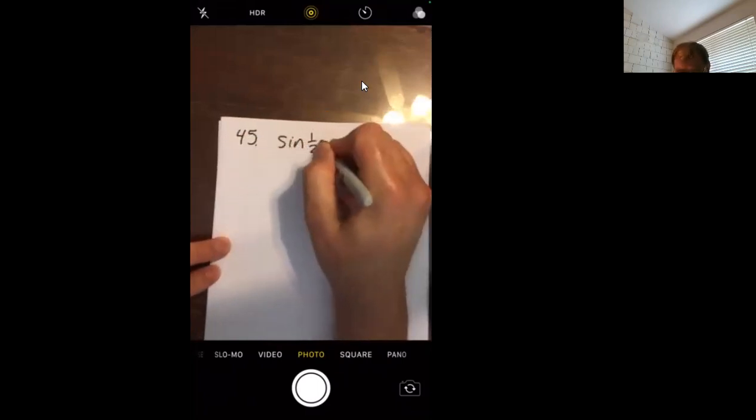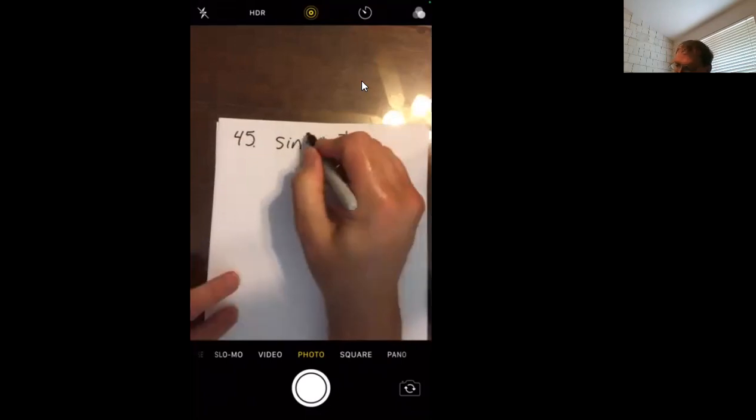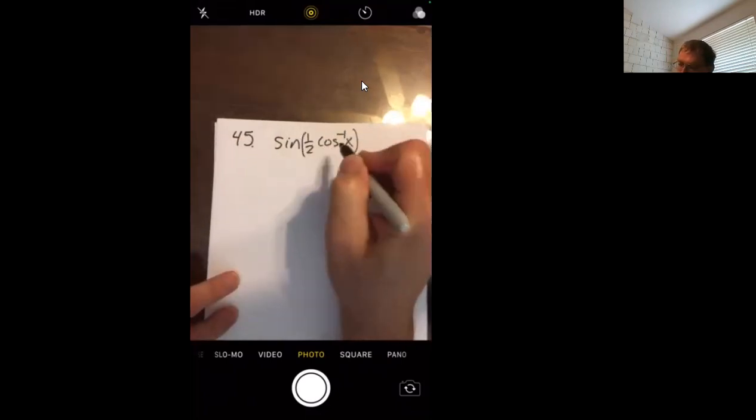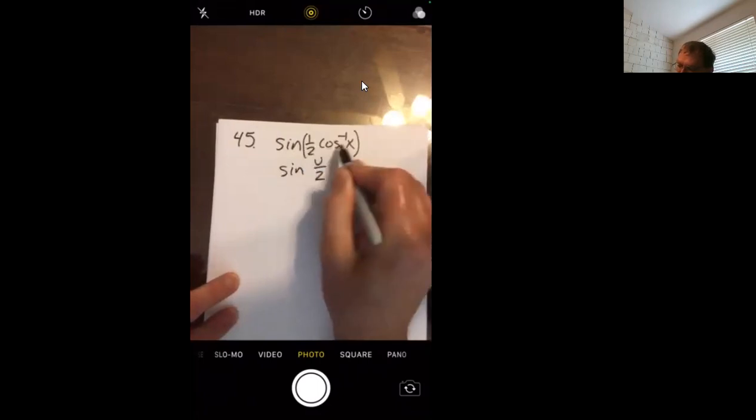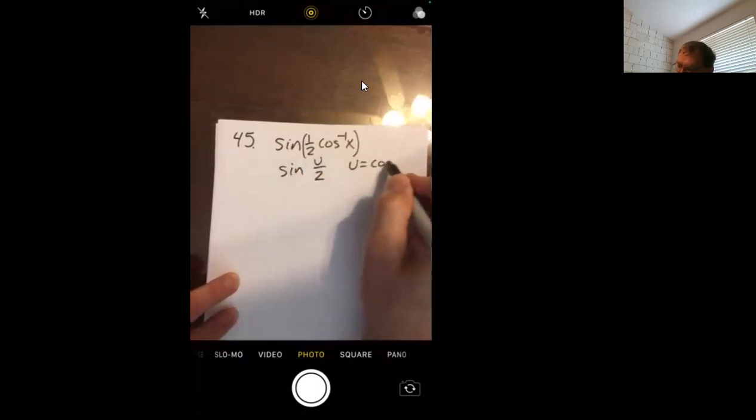Let's try 45. A sine of a half of an arc cosine x. All right. Well, this is like a sine of u over 2, and so your u is the arc cosine of x.